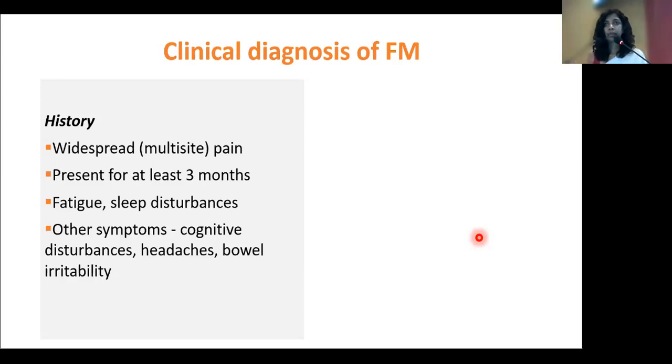They can't sleep well. They feel fatigued. And along with that, they can have other features like cognitive impairment, poor memory. They can have headaches. It might be associated with other syndromes of centralized pain, like irritable bowel syndrome. They can have tension headaches. They can have temporomandibular pain. So these things would be there in the history.